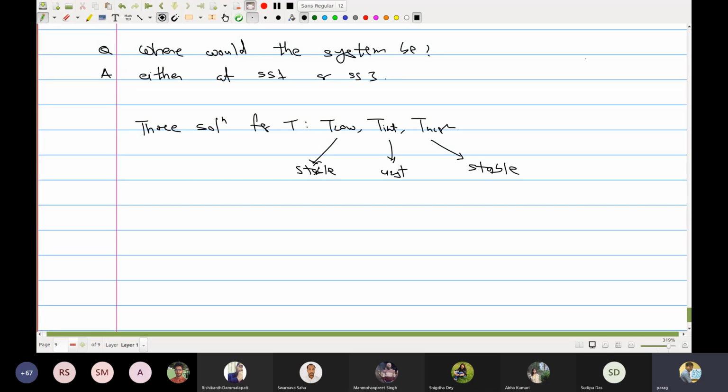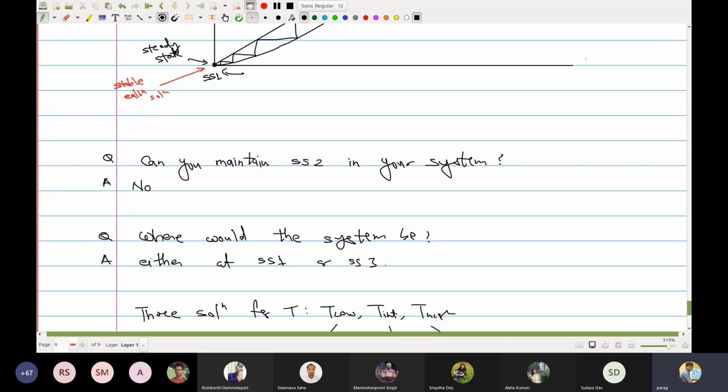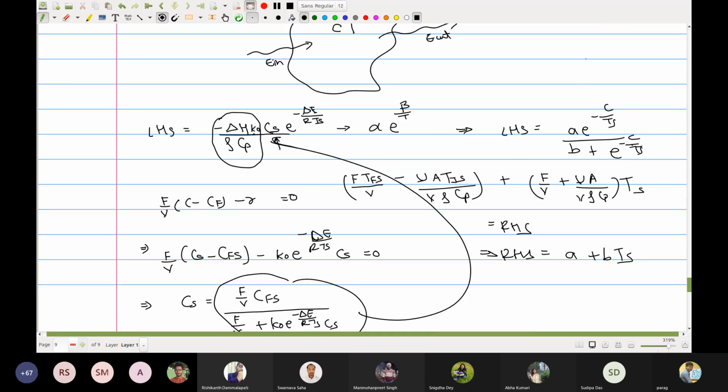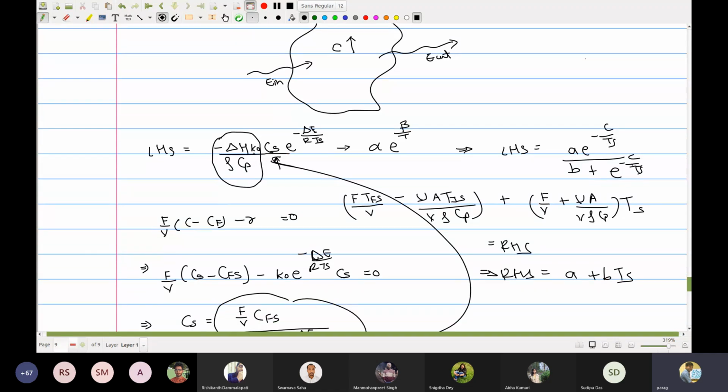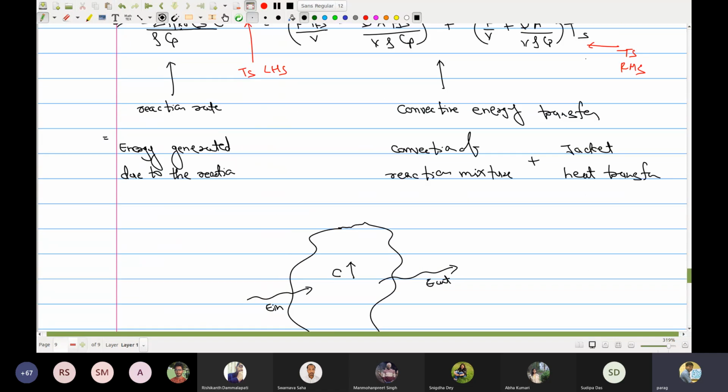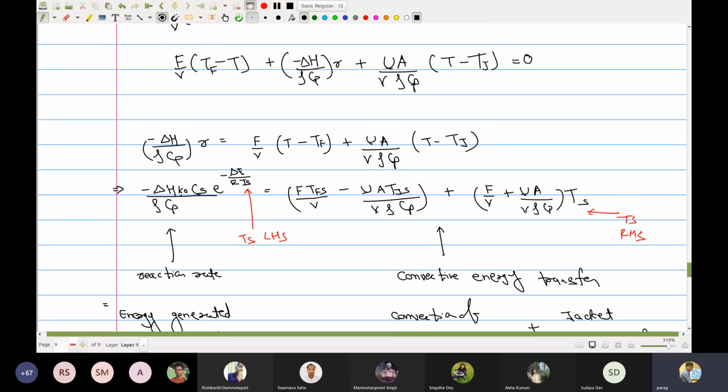Right, now when you come to this equation, not here, when you come to this equation, what you see is that you have a jacket temperature here, right? And for the same jacket temperature, this phenomenon is very interesting.